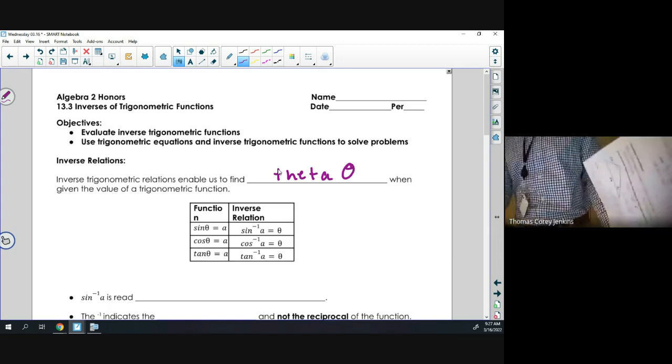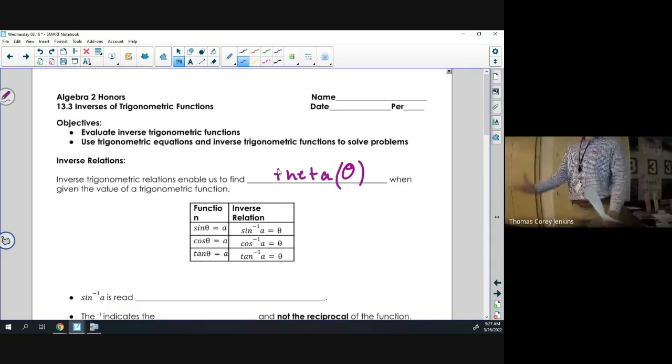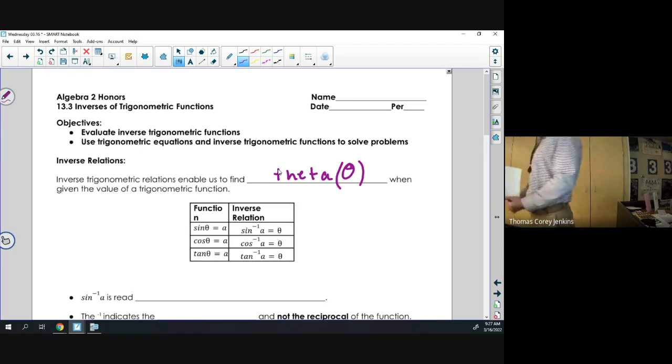So far, if you think about what we've done, it's been with the right triangle. If you were given an angle measure and a side, then you could find another side using a trig function, right? So finding a side. So this is the stuff we would use to find the angle measure.